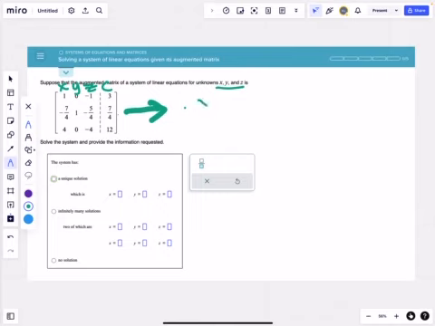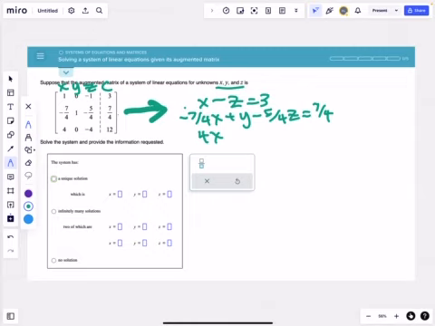That means that this is x minus z is equal to 3, negative 7/4 x plus y minus 5/4 z is equal to 7/4, and 4x minus 4z is equal to 12. Okay, so recognizing that the matrix represents a system of equations is key.